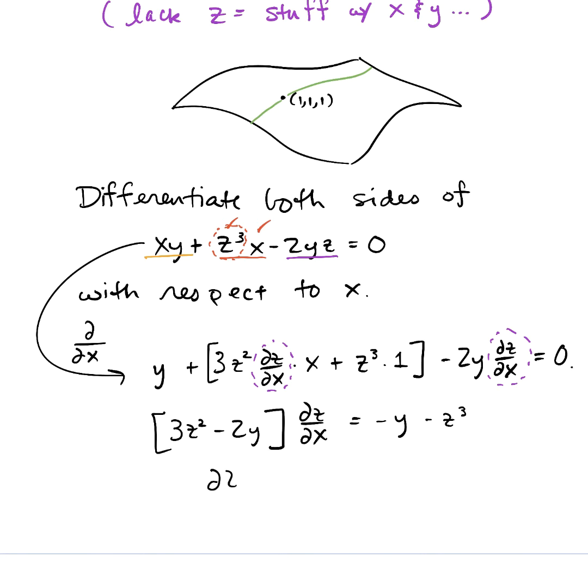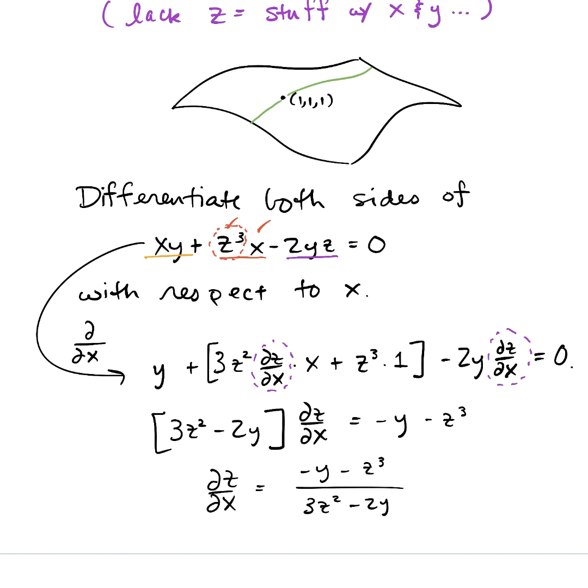Therefore, dz dx is equal to minus y minus z cubed all over 3z squared minus 2y. So the slope in the x direction on this surface at whatever point x, y, z is minus y minus z cubed all over 3z squared minus 2y.